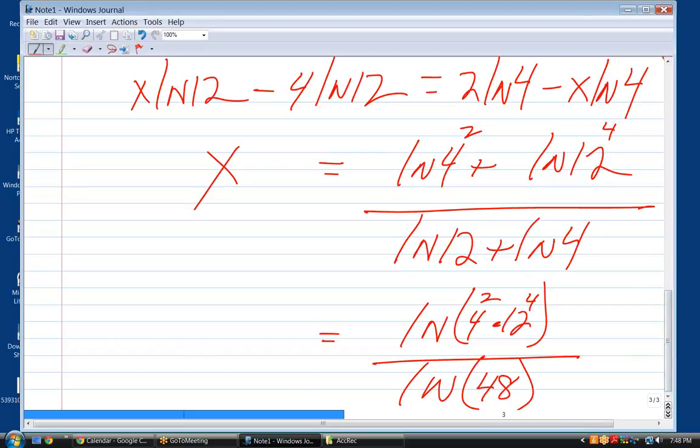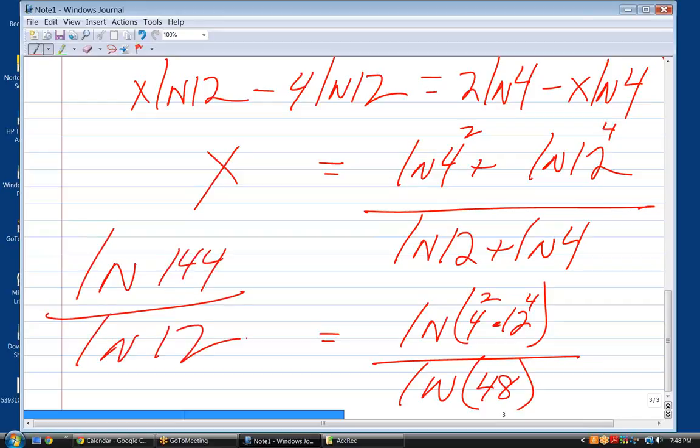Make sure you don't make this mistake. In other words, if I have the natural log of, say, 144 divided by the natural log of 12, that is not using Rule 2. Remember, Rule 2 is that if division is going on in the argument, it changes to subtraction.